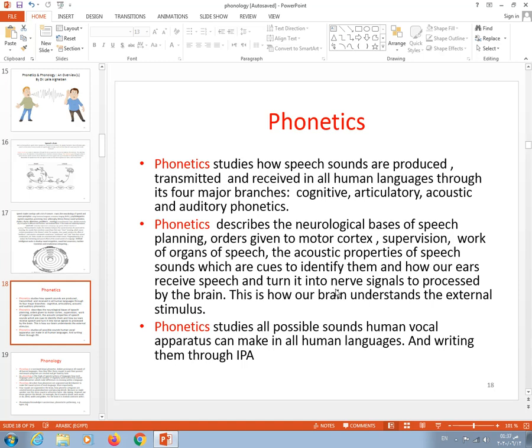And we also supervise the work of the speech organs if there is a misspeech, or we have a slip of the tongue or something like that. And then we get the acoustic properties of speech as listeners to identify what these signals are, and so on.